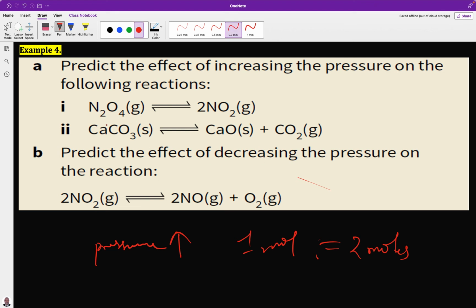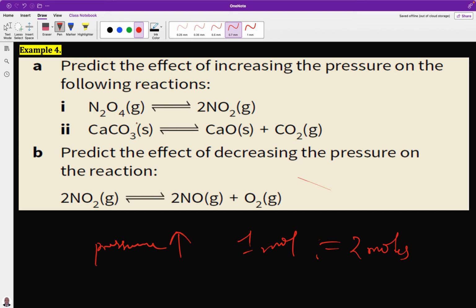If we increase the pressure here, from what I explained, there is only 1 mole of N2O4 and 2 moles of NO2. Increasing the pressure means that there are more frequent collisions between the particles and the walls of the container.